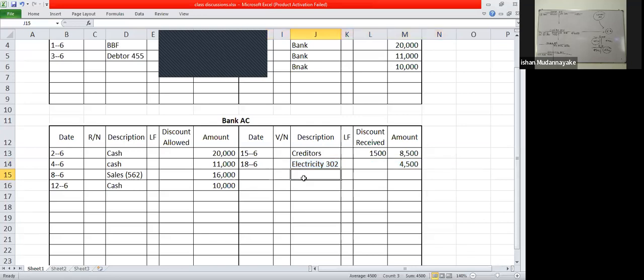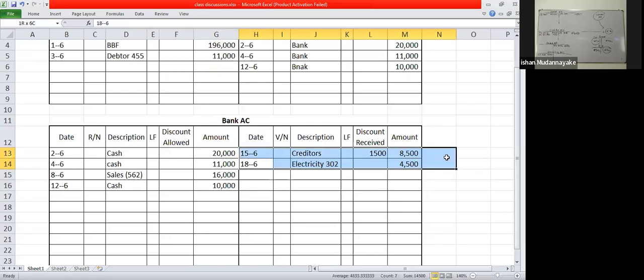Right. Then here, this check again, you need to reverse. The double entry you need to reverse. How to reverse? On 20th June, bank account debit 20th June. Here, electricity, reversal entry.